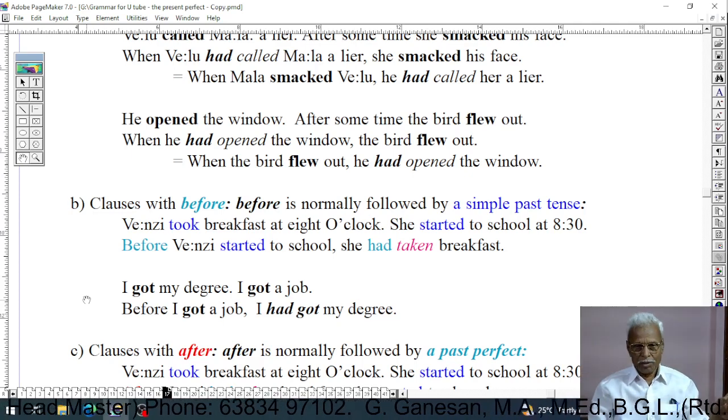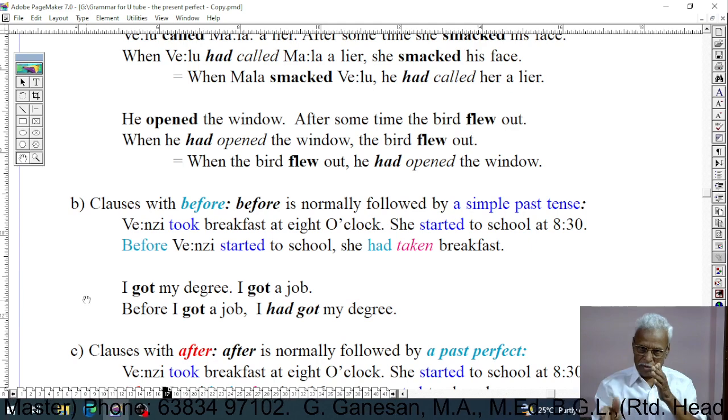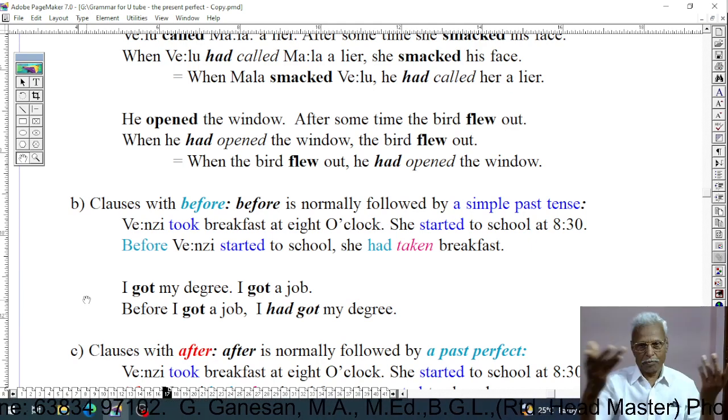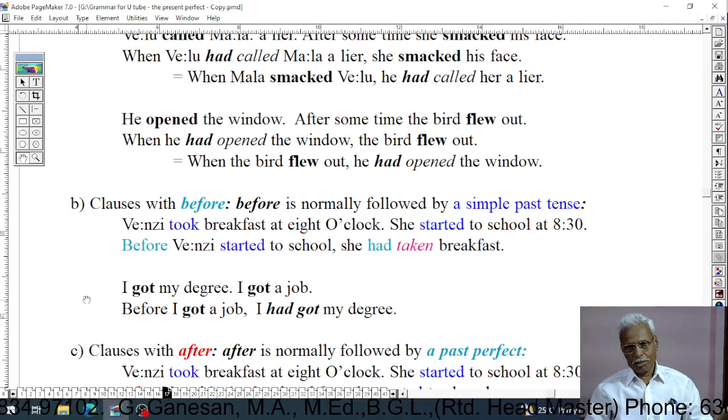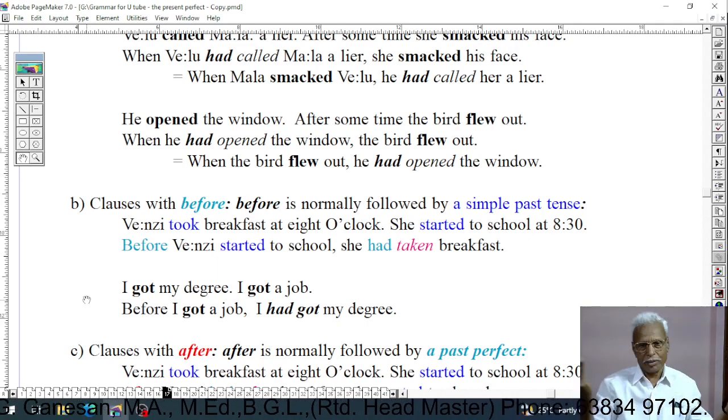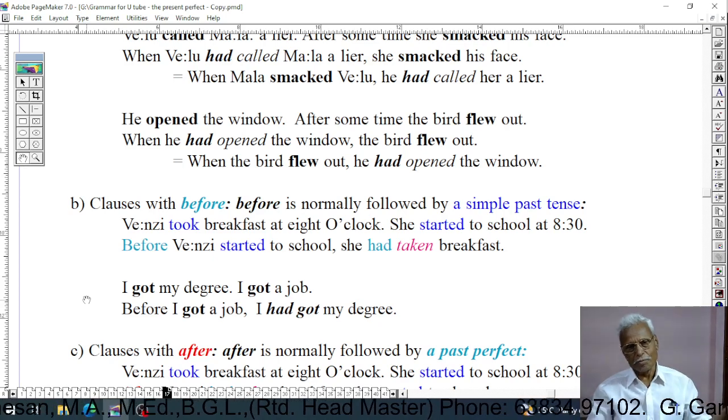So the first action can be expressed using the when clause or the main clause. Similarly, the second action can be expressed using the when clause or the main clause.